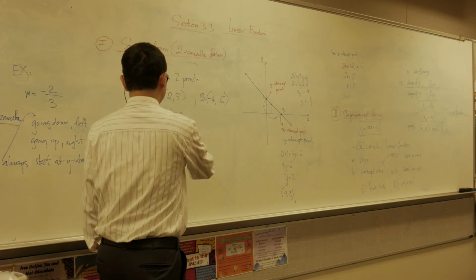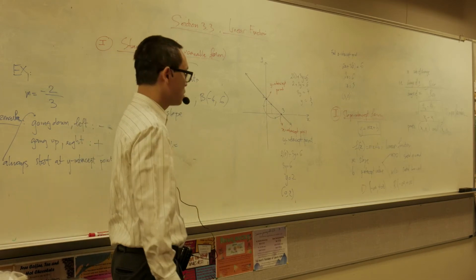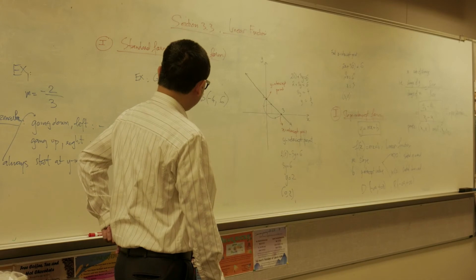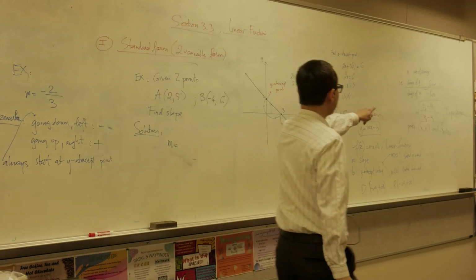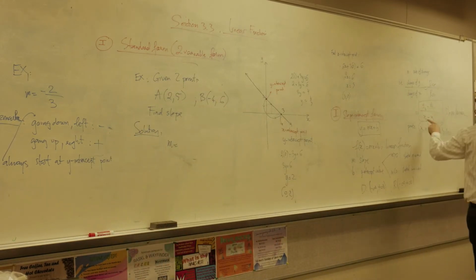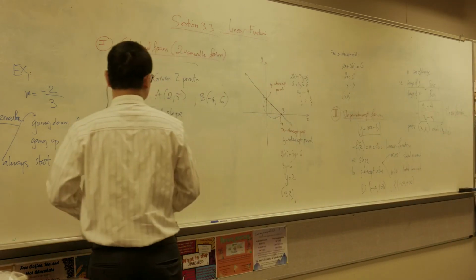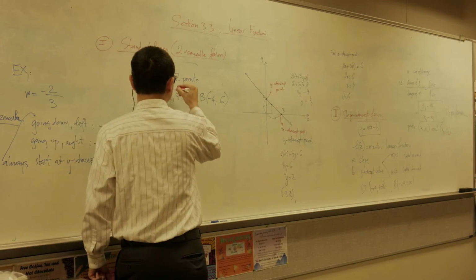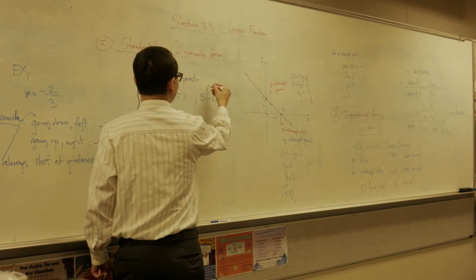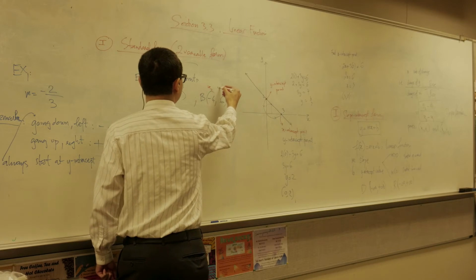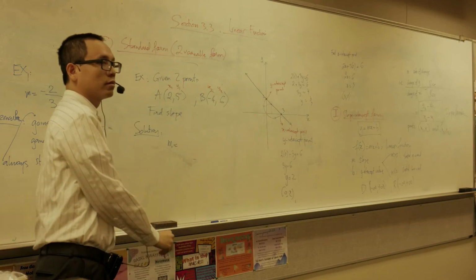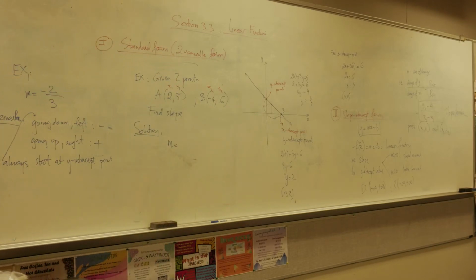Let's put m for the slope. The slope formula is y2 minus y1 over x2 minus x1. So let's label them: x1 here, y1 here, x2 here, y2 here. So you know where x1, y1 are already.